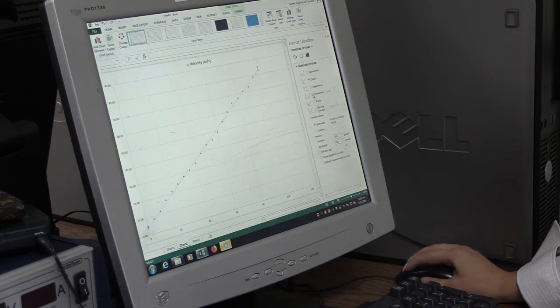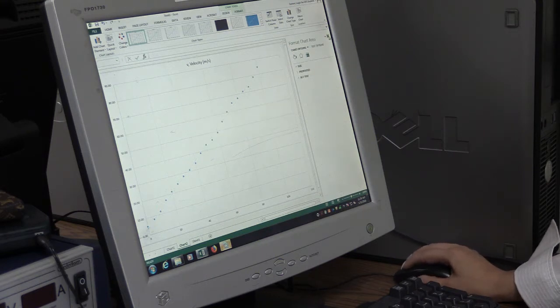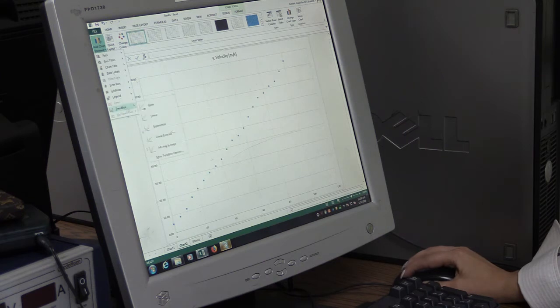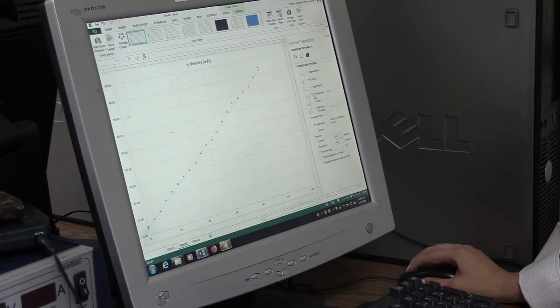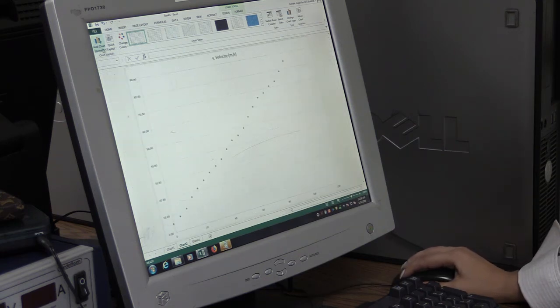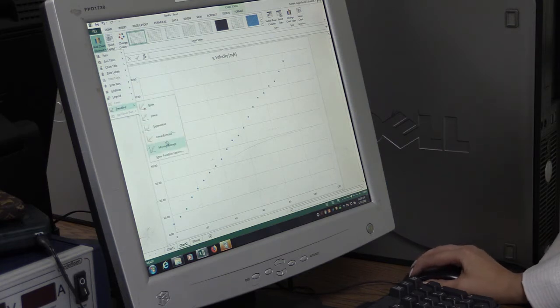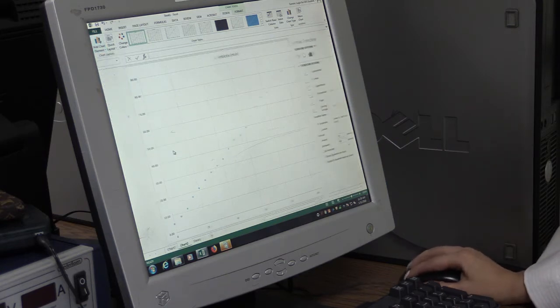I choose, let's say, power. It doesn't let me play with power. Let me see. For example, I go to, look at it. I don't know why it's not trend line, more trend line options.